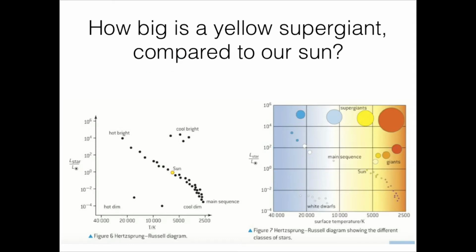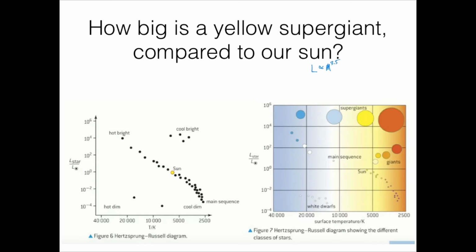How about this one? How big is the yellow supergiant compared to our sun? Now we're talking about size, right? How are we going to do size? Well, remember from earlier, luminosity is proportional to m to the 3.5.